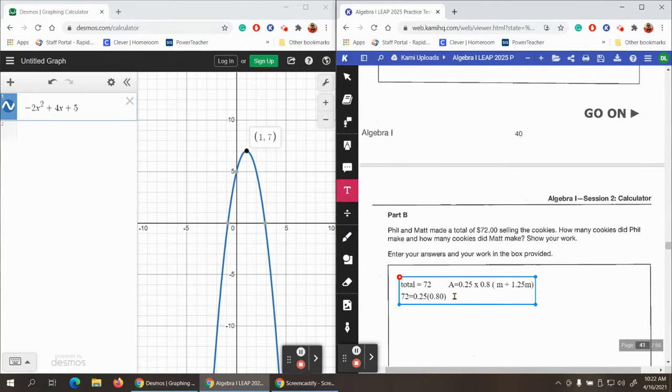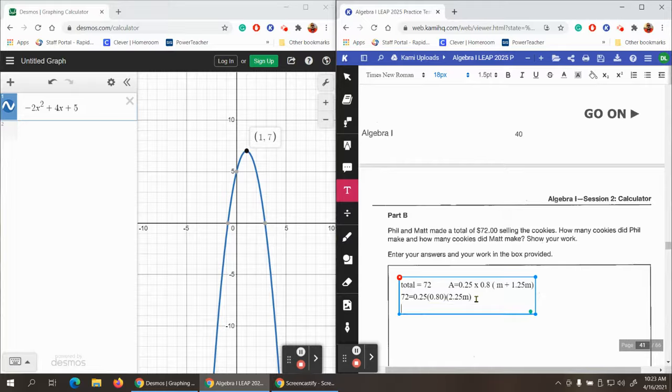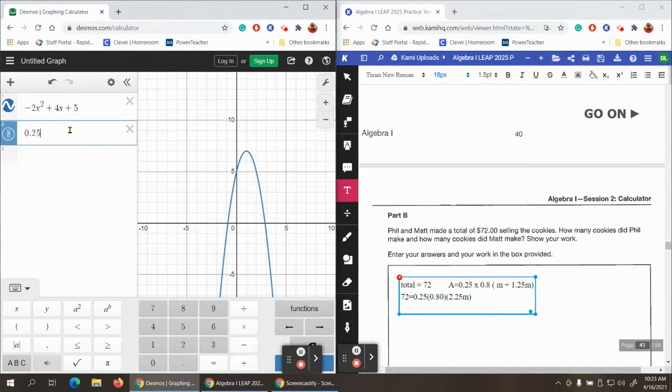All right, so we have that there. If I add m plus that, that would actually be 2.25 m. That simplified things. Let me multiply the 0.25 times 0.8, and there you go, simplifying even more.